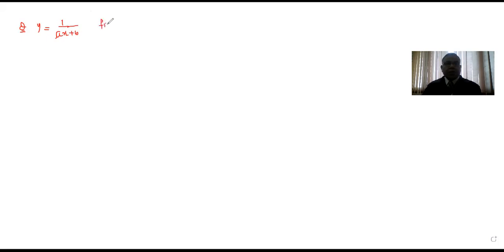So find dy by dx. Y is equal to 1 over ax plus b.